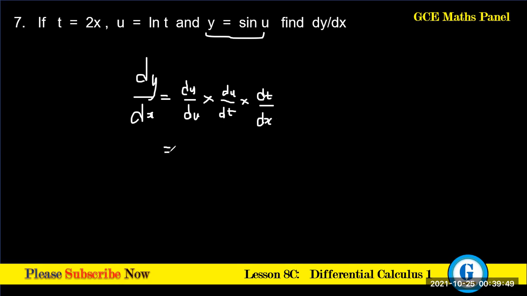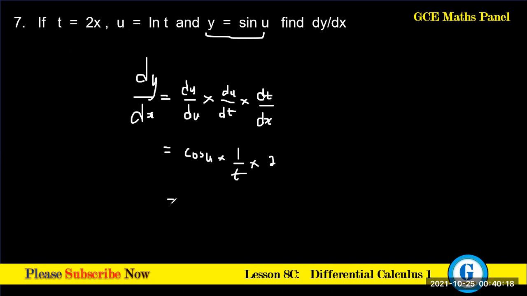So from here, we can get dy du. When you differentiate this one with respect to u, you are going to have cos u times now du dt. When you differentiate the ln t, you have 1 over t times dt dx now. Dt dx will be equal to 2.